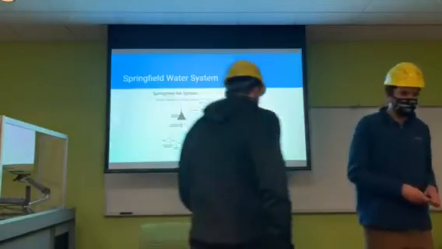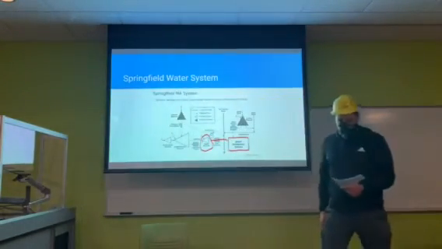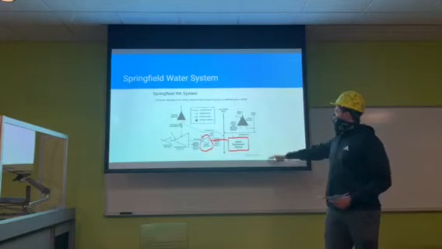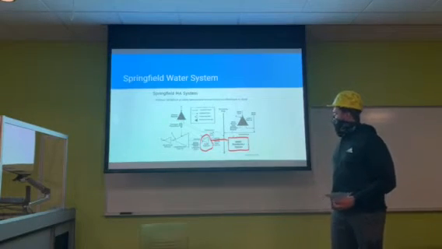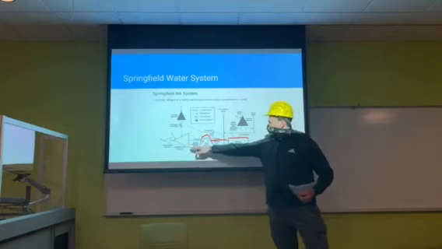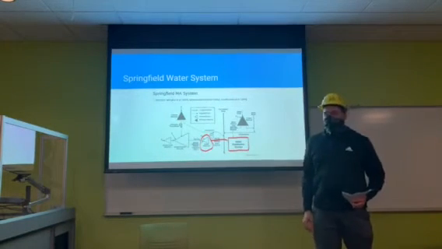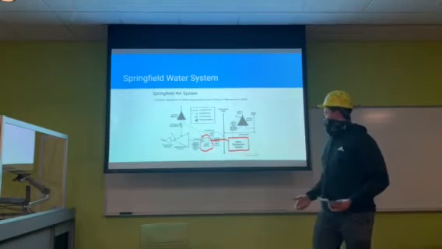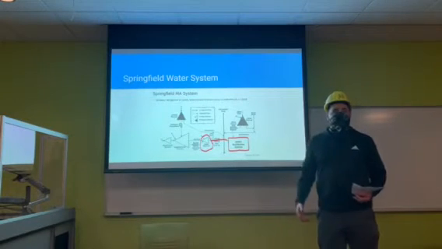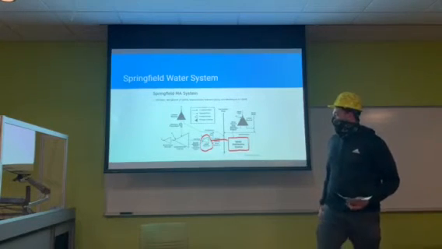Alrighty, so this figure here demonstrates how the Springfield water system works. So our main source of water is the Cobble Mountain Reservoir, but we don't take water directly from the Cobble Mountain Reservoir.